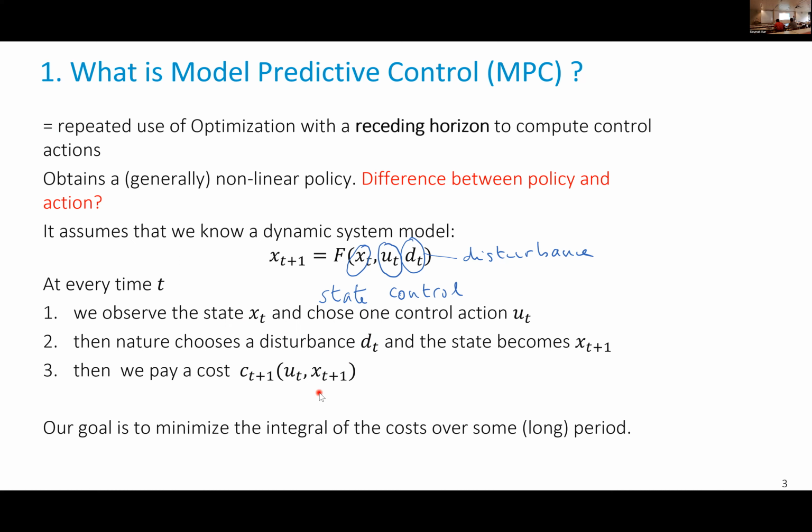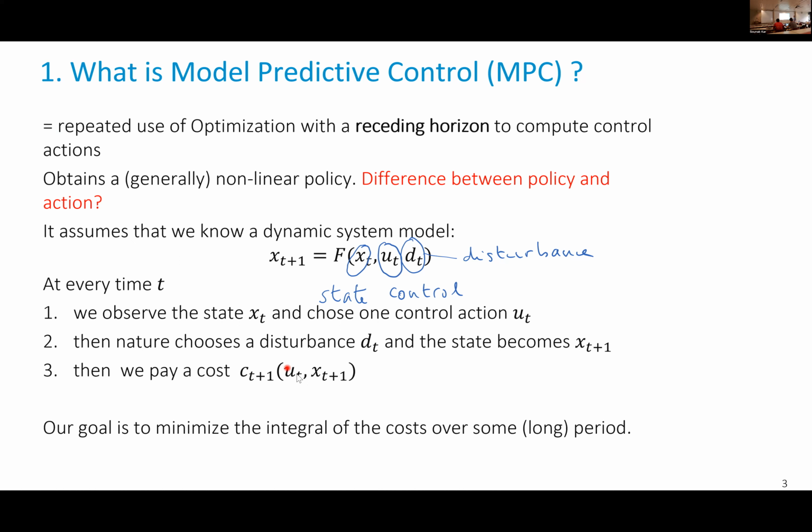Of course, we need to attribute a cost to that because we're using an optimization framework. So we assume that there is a cost associated with the action that we took and the state that our action plus the disturbance led to. So that's the new state, that's our action, and we pay for this. We pay for what we do. That's typically a cost because by doing a certain action, we may need to use some resources that have a cost.